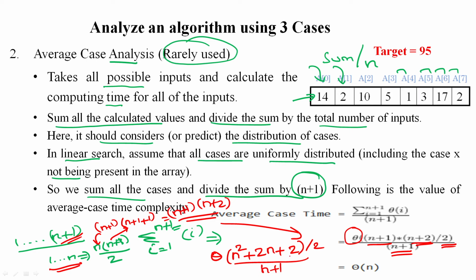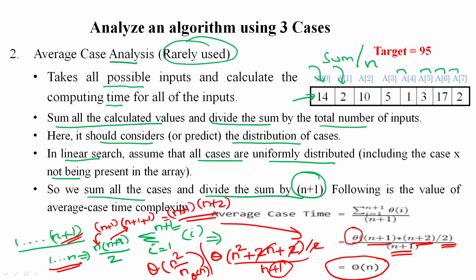Here you can remove the lower order terms. So finally you will get big theta of n square divided by n, and removing this, you will get big theta of n. So this is the way to calculate the average case.